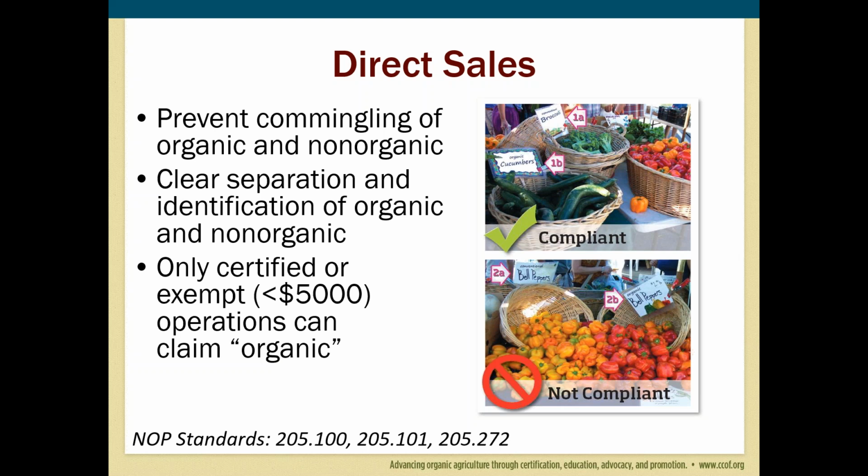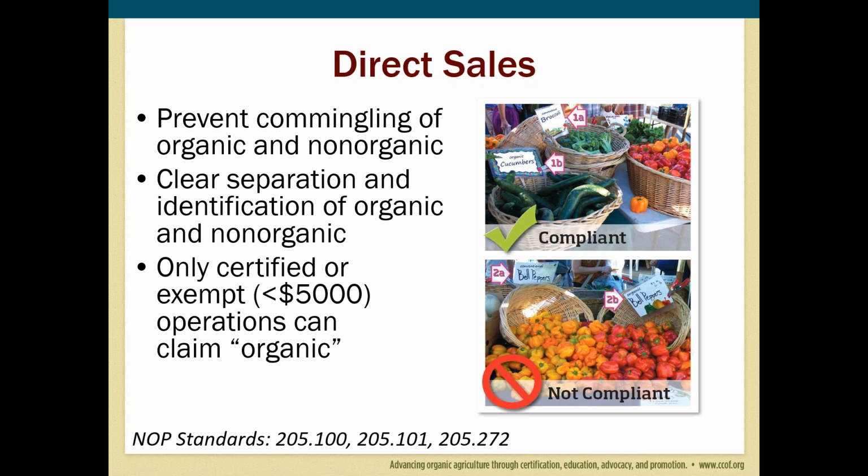The most important point is that if you're a mixed operation doing direct sales, meaning you're selling organic and non-organic, those need to be, first of all, clearly separated to prevent the organic and the non-organic from getting mixed up, and the term we use is commingling.